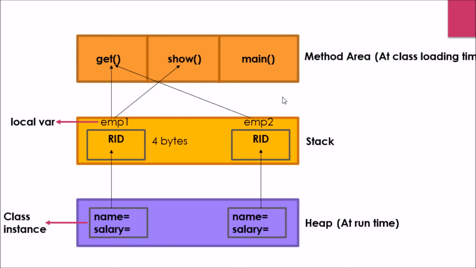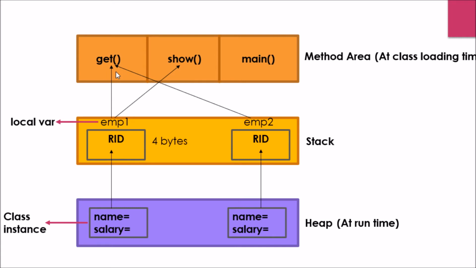This is static memory, right? The functions are loaded once. These functions are shared by all the variables, or you can say by all the objects. So whenever you call the get method using this variable, the same get method will be executed.